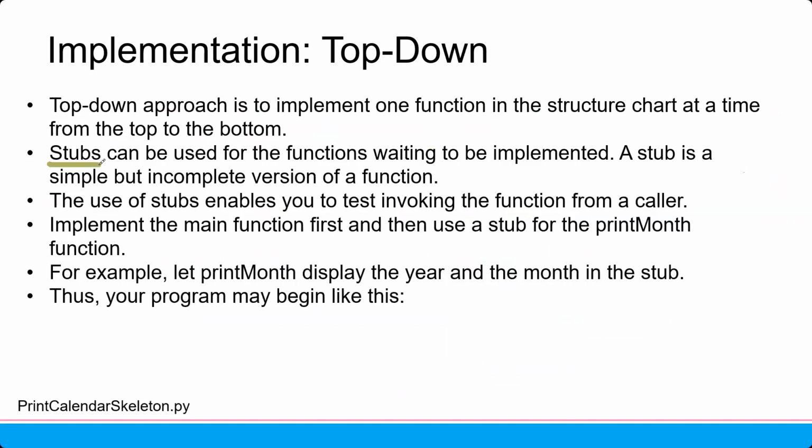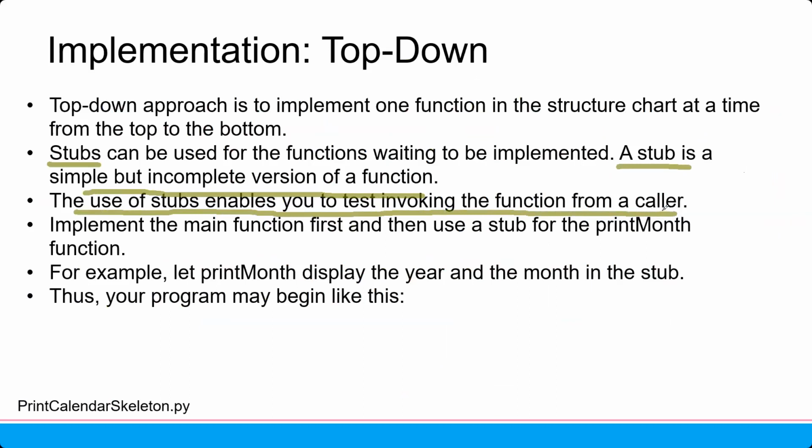It means this is only the function, but without any detail, without any implementation. So a stub is a simple but incomplete version of a function. So we can wait for the implementation. The use of a stub enables you to test invoking the function from a caller.